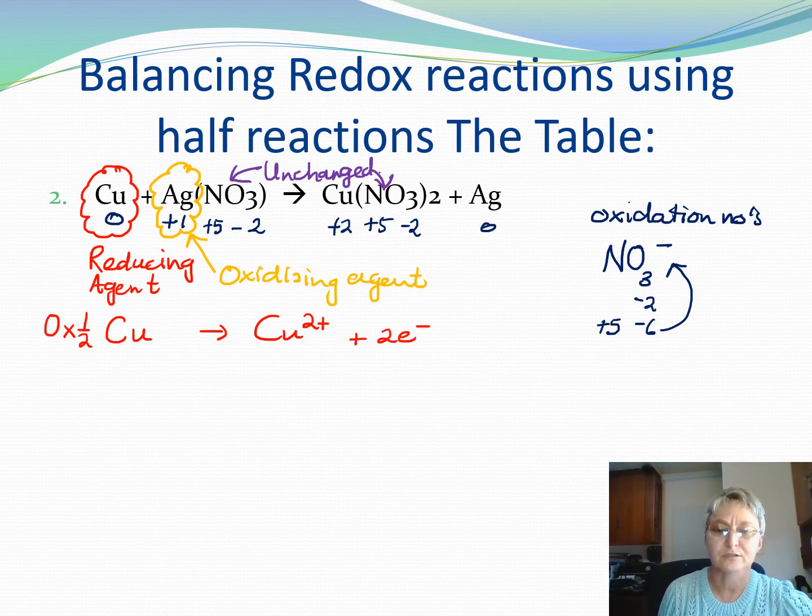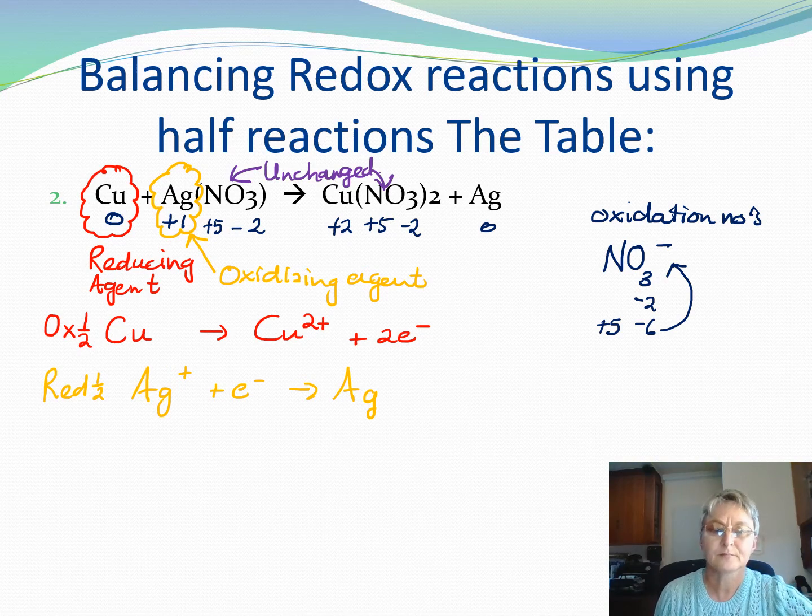So loss of electrons is oxidation. The oxidizing agent is reduced, so the reduction half reaction starts off with the silver ion, and we use the forward reaction on the table. Silver ion plus an electron goes to the silver atoms.